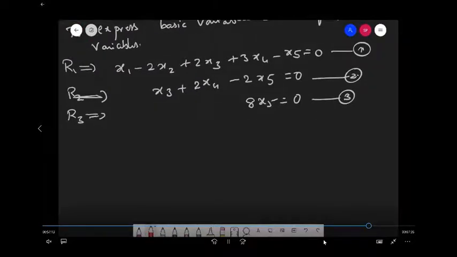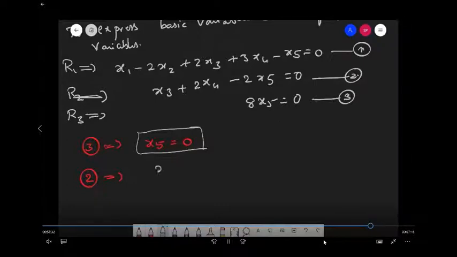From 8x5 is equal to 0, we start solving from the third equation. x5 is equal to 0. So I got the x5 value. Then I have to use equation 2. I have x3 and x4, where one is a basic variable and the other is a free variable.